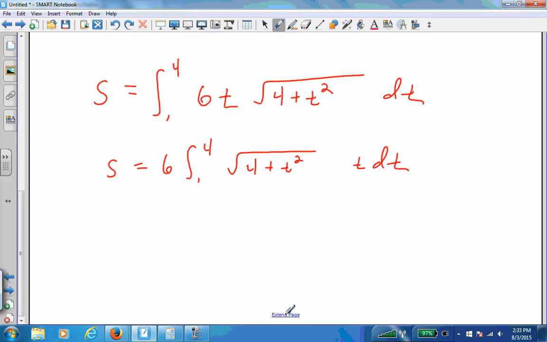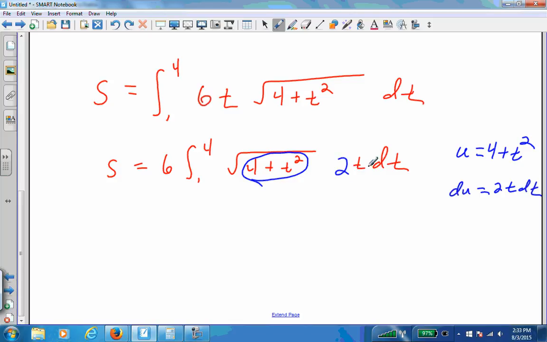What do we need to let u be? Yeah, 4 plus t squared. So that means du is what, 2t dt? So if we call that u, then what are we missing here? 2.